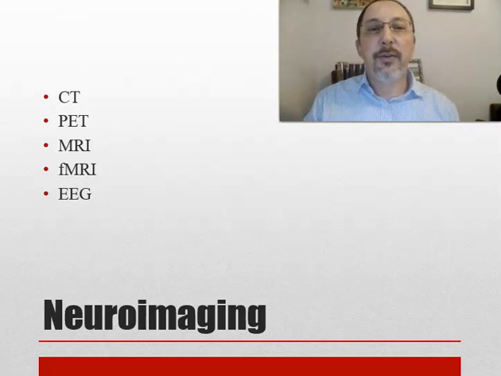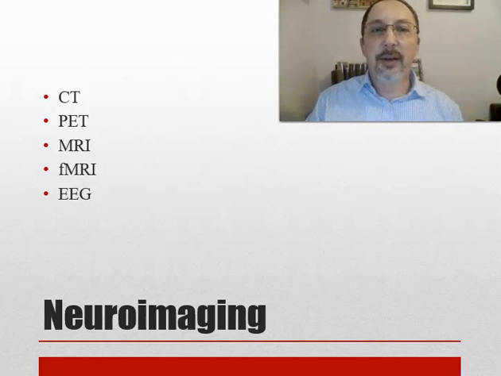fMRI is functional magnetic resonance imaging. And by functional, this is a newer thing. It's been around since the 1990s, where you can look at where in the brain you're active. A lot of new research is coming from fMRI, but even newer things are available now. EEG is electroencephalogram. It's an old method of neuroscience.